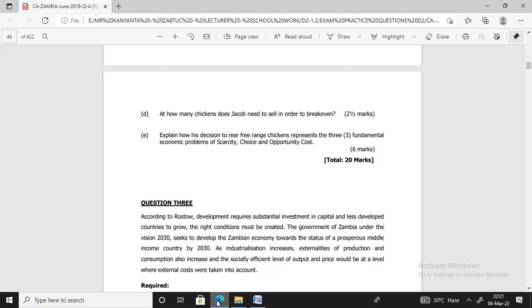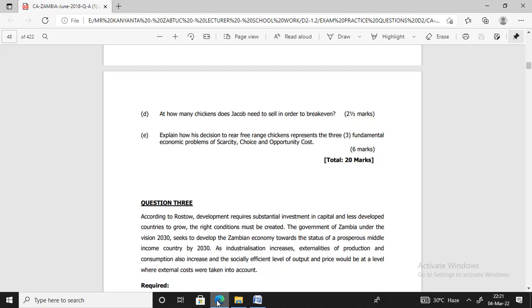The government of Zambia, under the Vision 2020, seeks to develop the Zambian economy towards the status of a prosperous middle-income country by 2030.